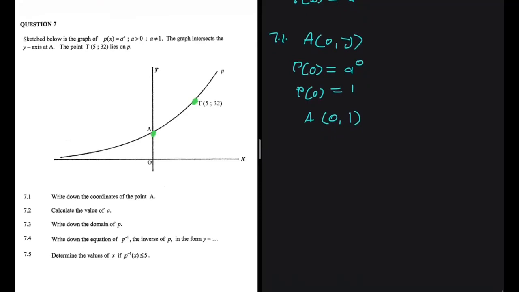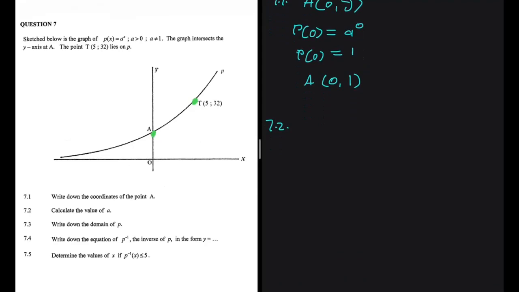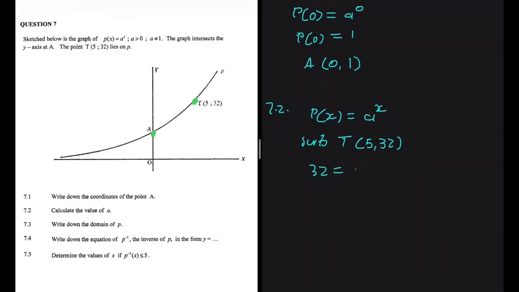Now moving to the second question, 7.2, it is saying let's calculate the value of a, the variable in our equation. We know that p of x is equal to a to the power x. Now we need that value of a. What we can do here is substitute the coordinates of point T, which is 5 and 32, as we can clearly see. So the y value of p of x at point T is 32, and we're looking for a, to the power x, where x is 5.